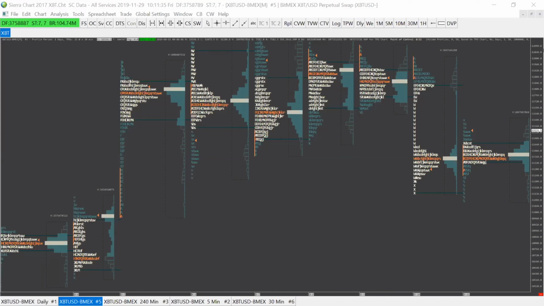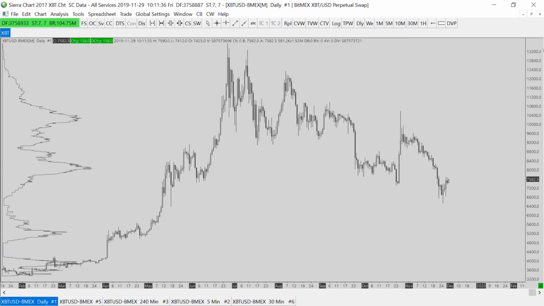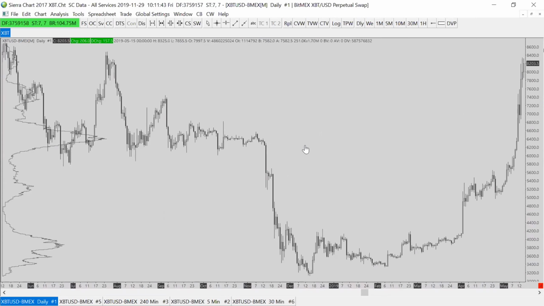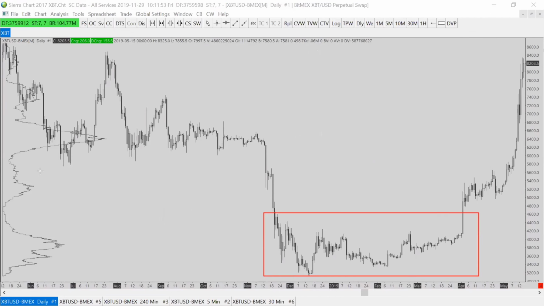So if I get the composite profile up and just find a good example, okay. Right, so when price is consolidating like this, or like this, there's relative stability or equilibrium on this time frame.